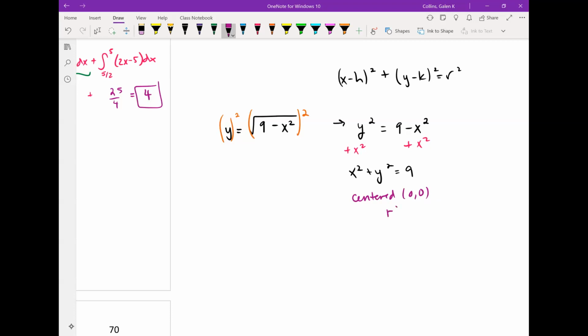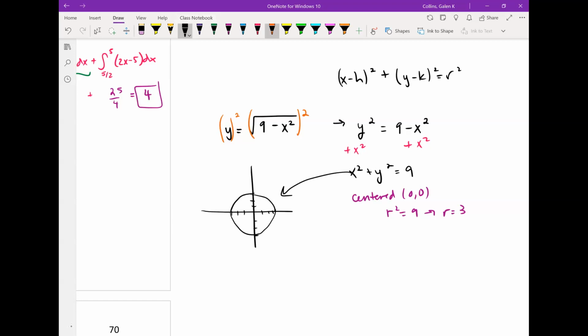And since the radius squared is 9, the radius is 3. So if I just think about what that looks like, 1, 2, 3, 1, 2, 3, 1, 2, 3, 1, 2, 3. We made that last radius really long. All right, so that is the graph of this circle.